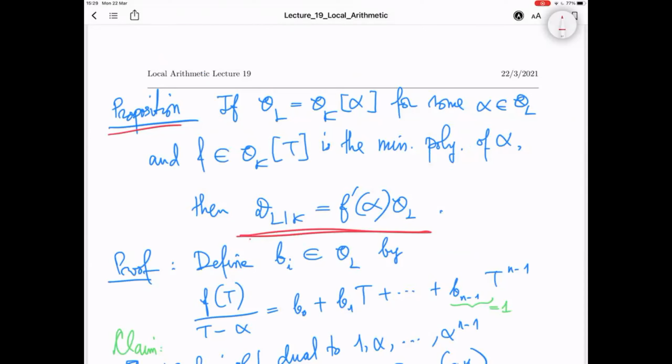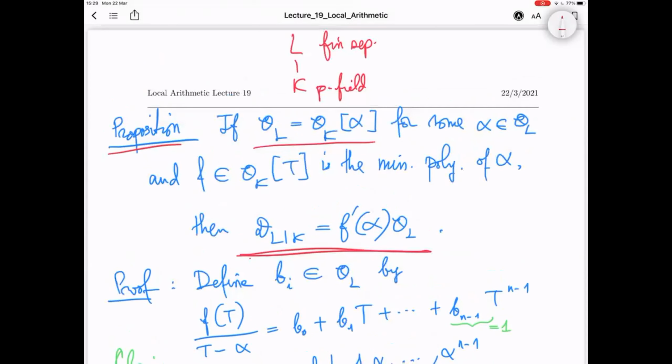Remember, K is a p-adic field, and L is a finite separable extension. Then of course I have the ring of integers O K here and the ring of integers O L here.